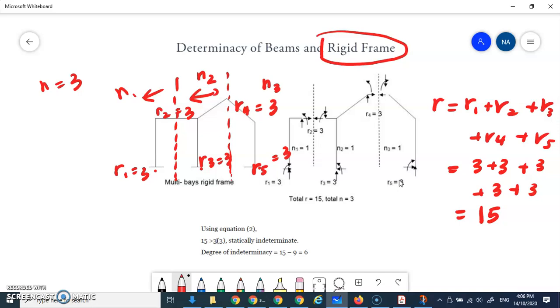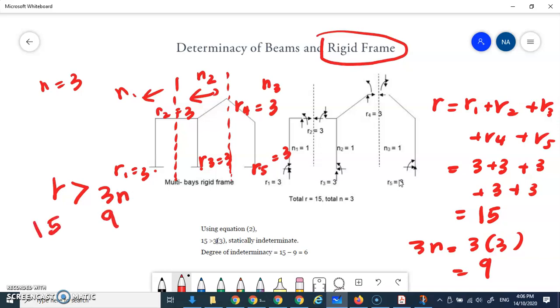Okay, 15. Betul? So 3N, okay, N tadi kita dah tahu 3, 3 times 3 is equal 9. So now our R is greater than 3N, which is this one is 15, this one is 9. So it will become statically indeterminate. Okay, so the degree of indeterminacy is 15 minus 9, so equal to 6.